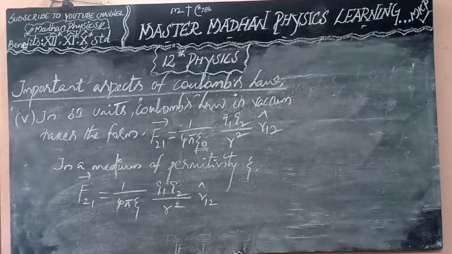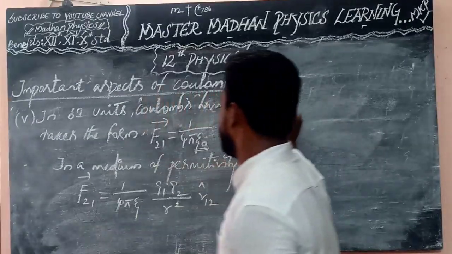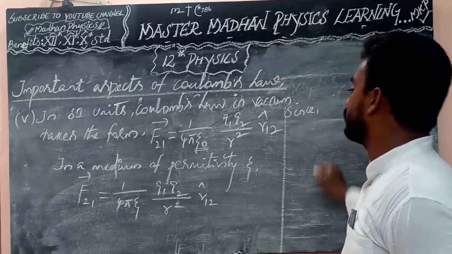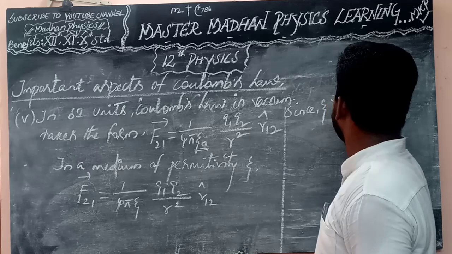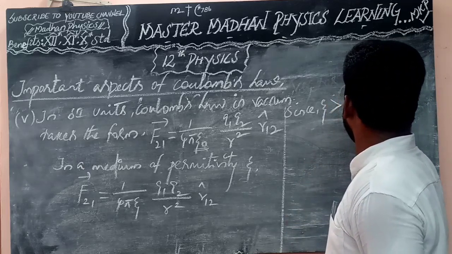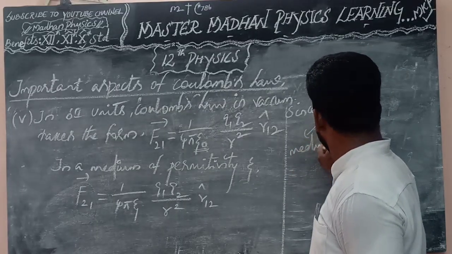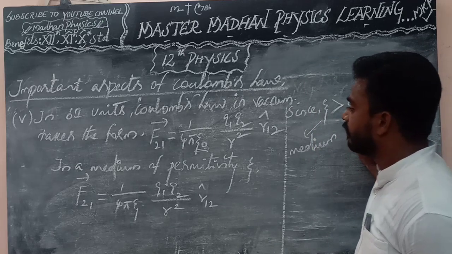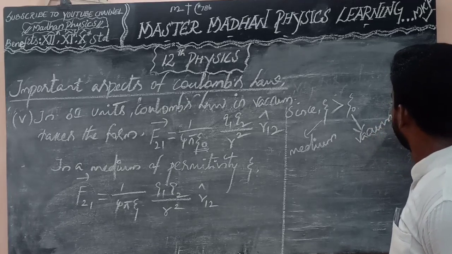Okay, since I am writing here, listen carefully. Since epsilon is greater than epsilon naught, epsilon is in the medium and epsilon naught is in vacuum.